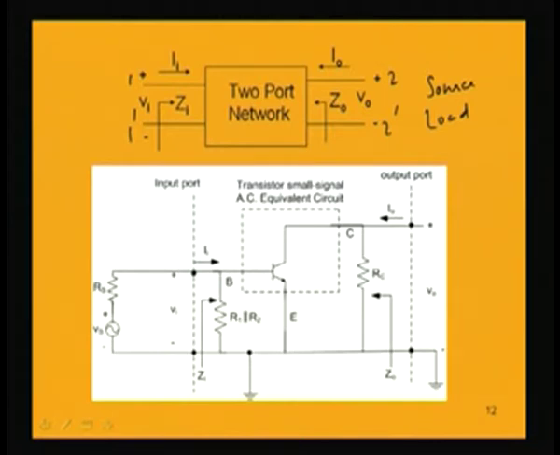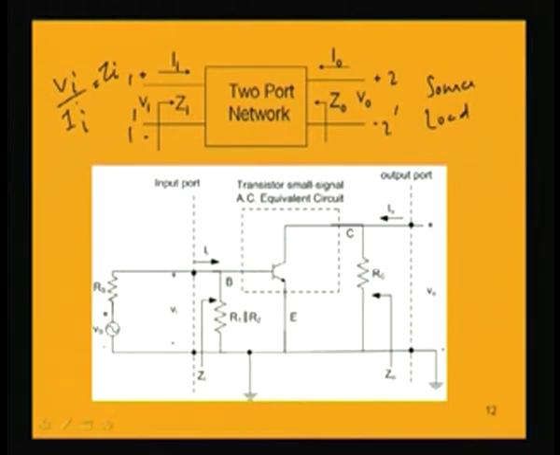And from this knowledge of Vi, Ii, V0, I0, we can find out the input impedance. Input impedance means Vi by Ii, that is equal to Zi, the input impedance, which can be found from this ratio. Similarly, at the output we can find V0 by I0 is Z0, the output impedance.